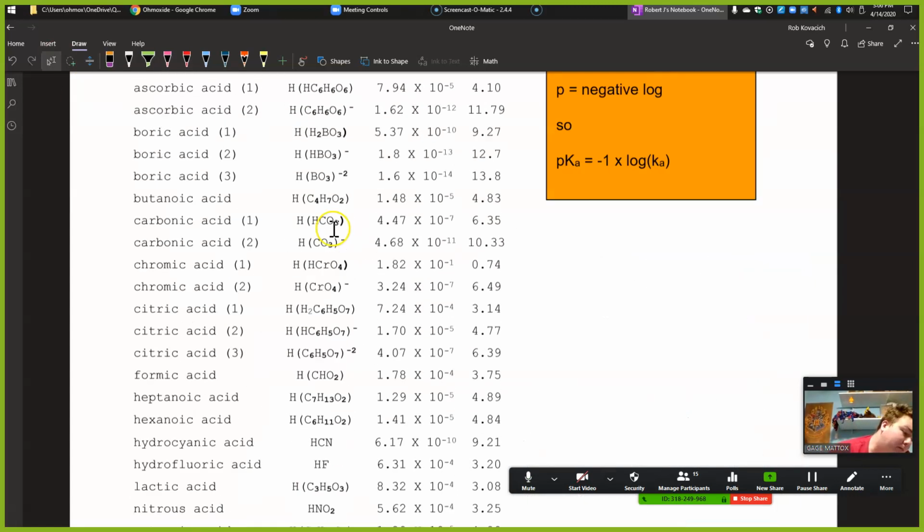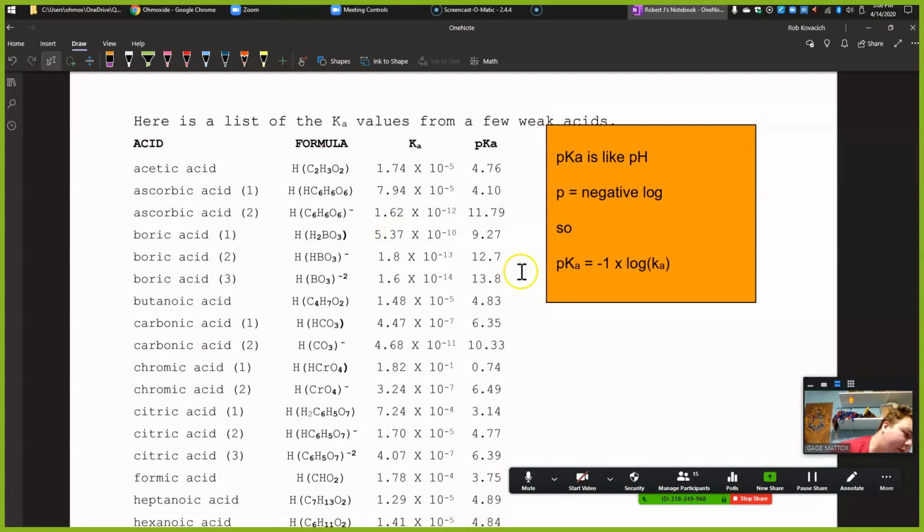So these guys up here, what would you call all of these things? Bases?